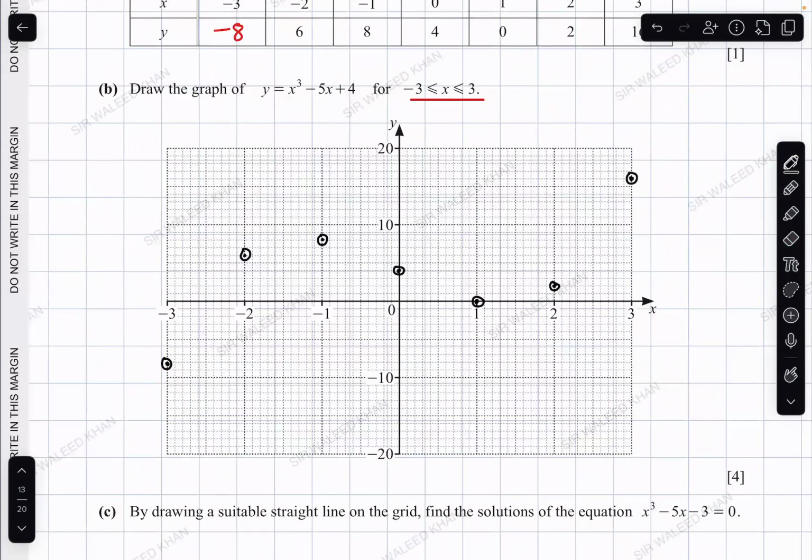So moving from point to point. So curve lines.